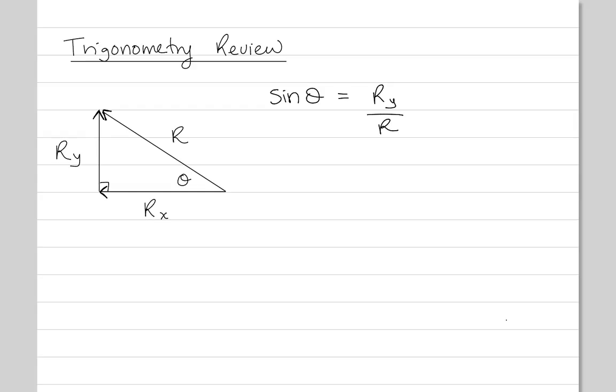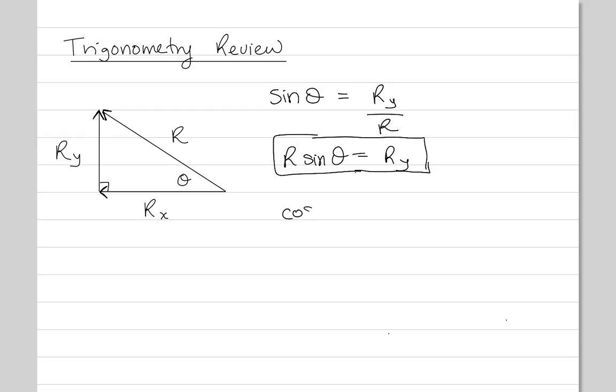So I'm going to go further with this, and I'm going to give you R sine theta equals Ry, and I'm going to put a box around that. So it's the hypotenuse times sine theta is the vertical component. And that should be quick. You should be able to get the vertical component quite quickly. It's just R sine theta. Everyone okay with how I got that? Just cross multiplication. It's on the bottom on the right, it goes to the top on the left.